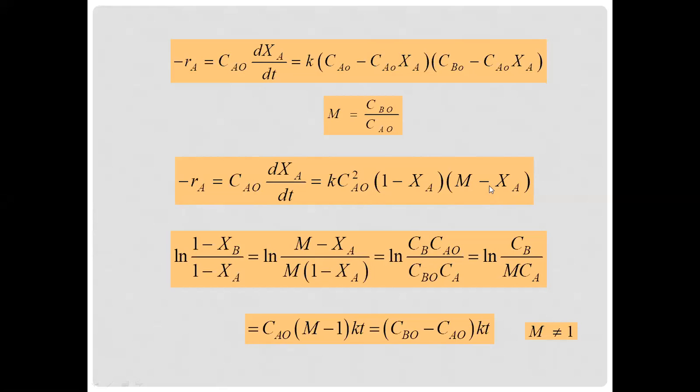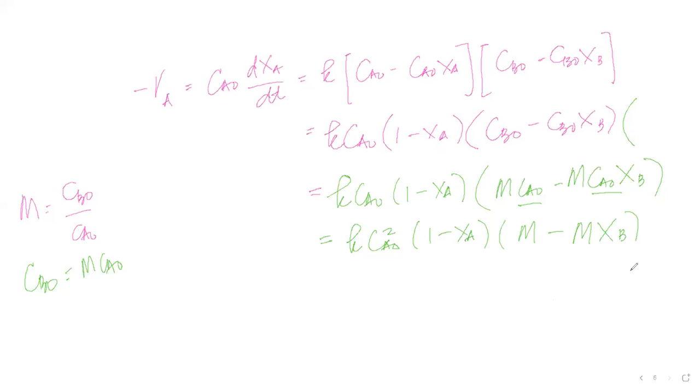It's M minus XA. But you can make it similar. Of course, Marshall can make it similar, or anybody in the class. The second parenthesis that should go with 1 minus XA should be M minus XA. Help me out here. What do we do?